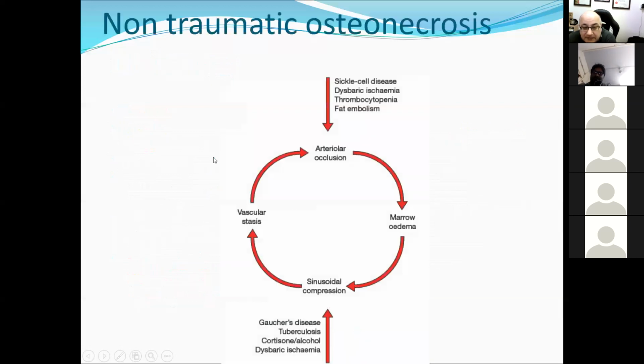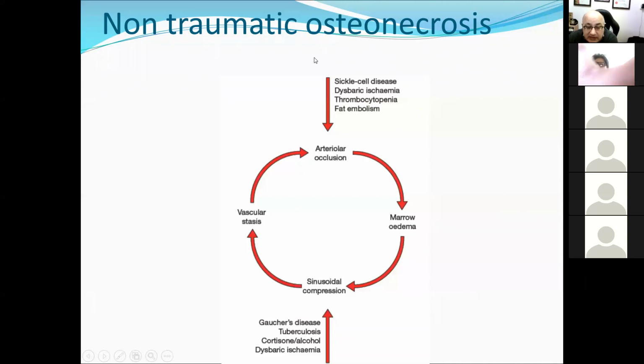So this can be anything, but either the blood supply is gone or blocked. You have marrow edema. Again, remember, you have to have fat marrow to cause AVN. If you don't have fatty bone marrow, you can't have a marrow edema. This causes sinusoidal compression. This causes vascular stasis, and the blood vessel is closed.